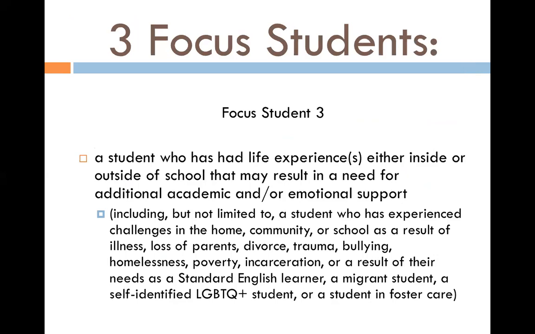Any student can fall in this, but you can see challenges in the home, community, or school as a result of illness, loss of parents, divorce, trauma, bullying, homelessness, poverty, incarceration, or a result of their needs as a standard English learner, a migrant student, a self-identified LGBTQ student, or a student in foster care. So they're really looking for any student who has something going on in their life which is impacting their ability to learn. And how are you going to address their academic and emotional needs?